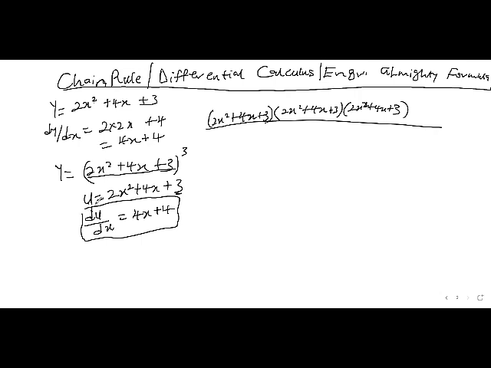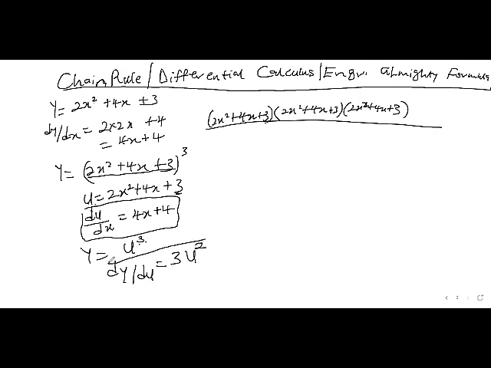Now remember I said this guy inside this bracket, I made it u. So it is no longer this guy, it is now u raised to power 3, because I've replaced this whole thing here with u. Now I can differentiate y with respect to u. If I differentiate y with respect to u, this guy will come down. We have 3, then subtract 1 from the power. We have 2.